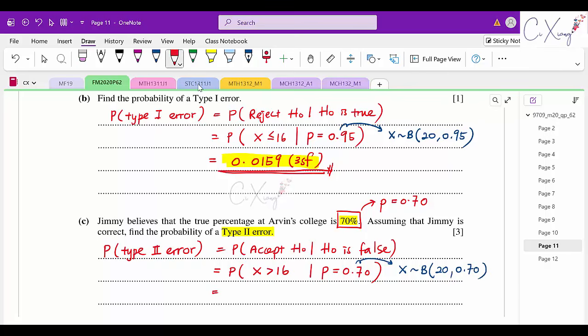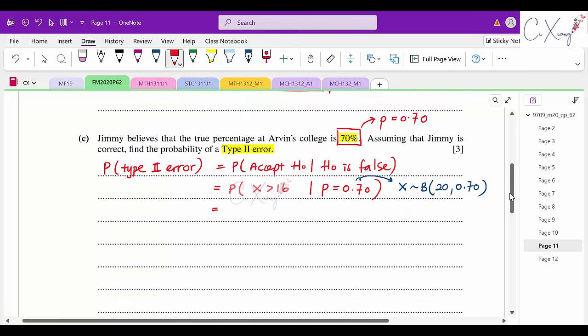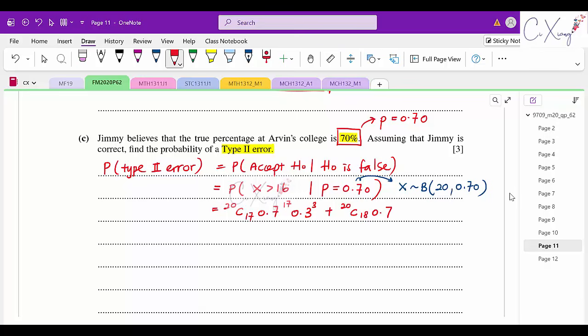So let's calculate the probability now. For x greater than 16 using the binomial distribution, I should start from 17 first. So 20C17 times 0.7 to the power 17 times 0.3 to the power 3, plus 20C18 times 0.7 to the power 18 times 0.3 to the power 2, and include 19 also, and also 20.